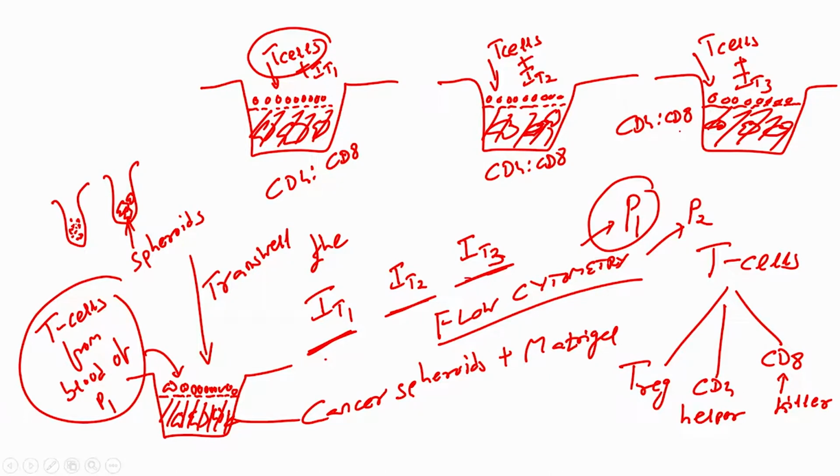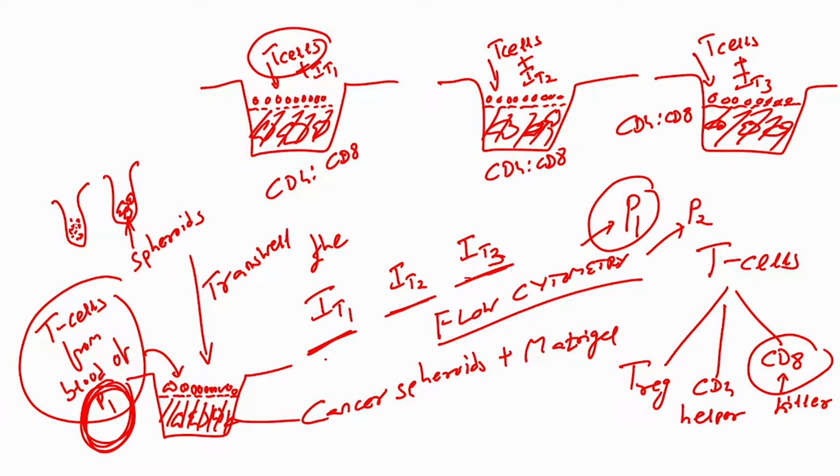What will happen is that the drug which is more effective will have more number of killer cells, more number of CD8 cells. So, from this platform we can select which immunotherapy drug will work for our patient 1, right. So, this can be used as a patient centric platform.